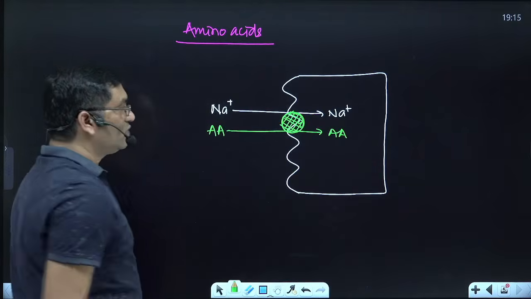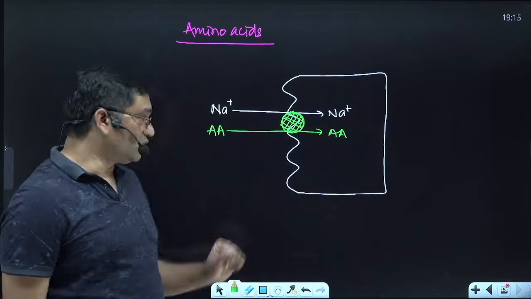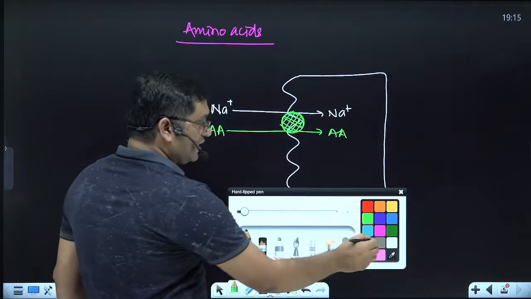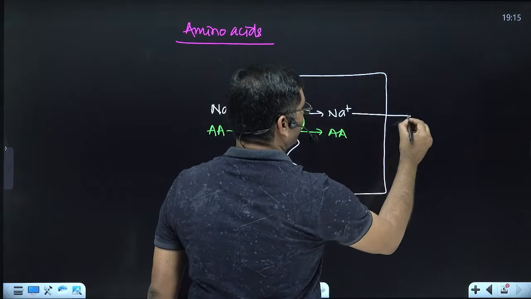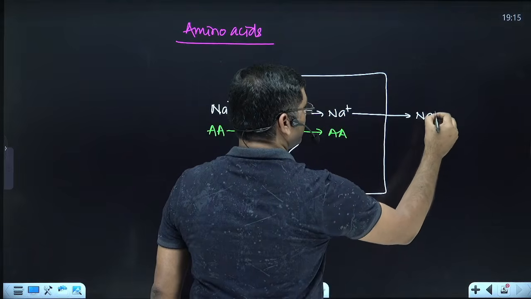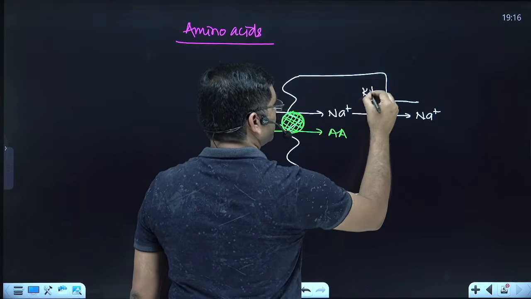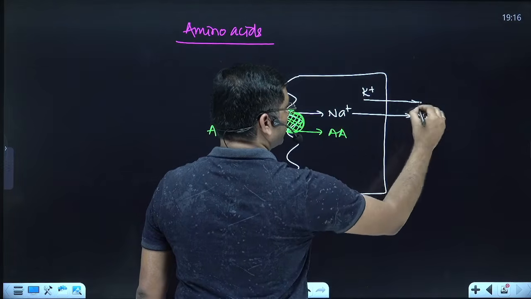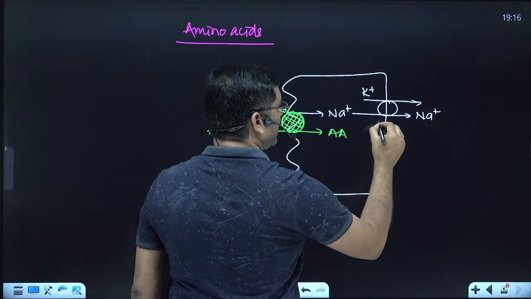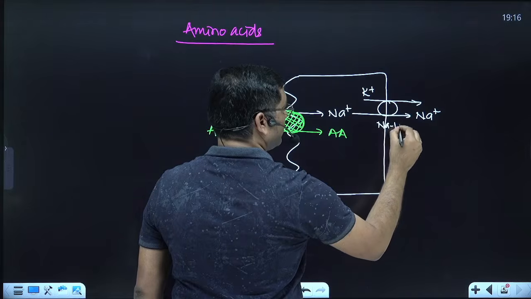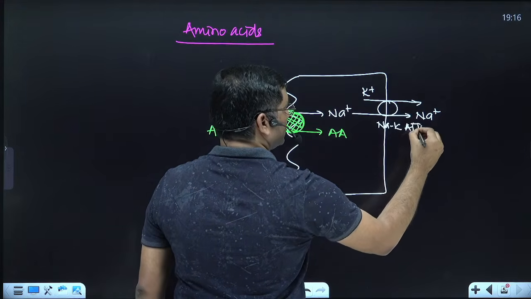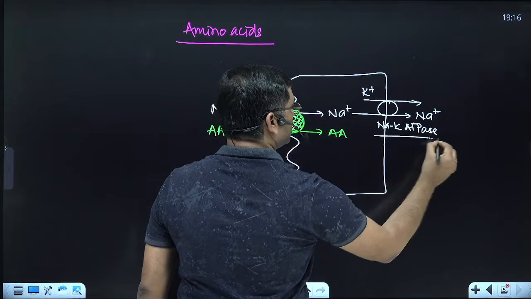So this is known as secondary active transport. Here utilization of energy is indirect. So sodium will move outside, potassium will move inside with the help of sodium potassium ATPase. And here is utilization of energy.